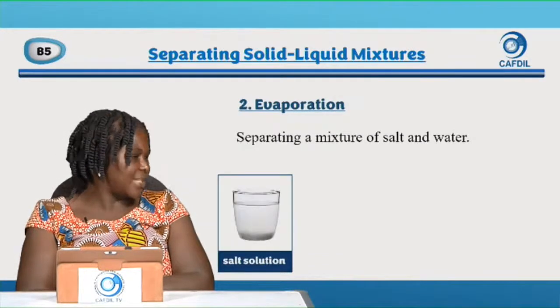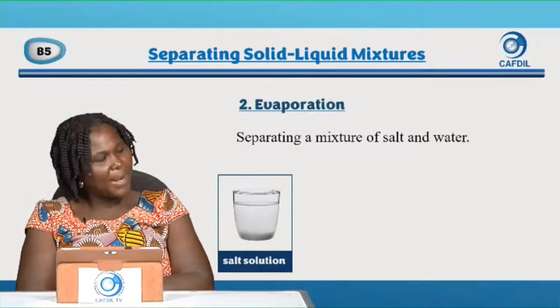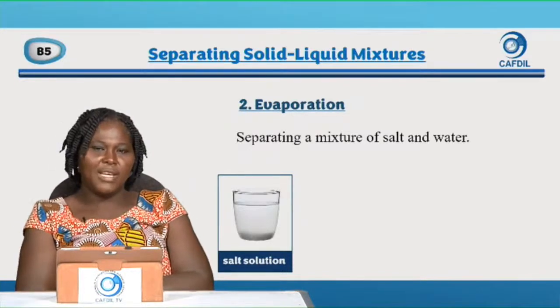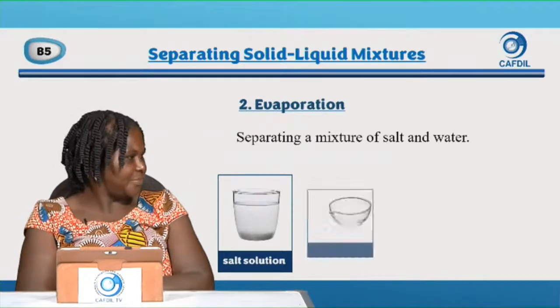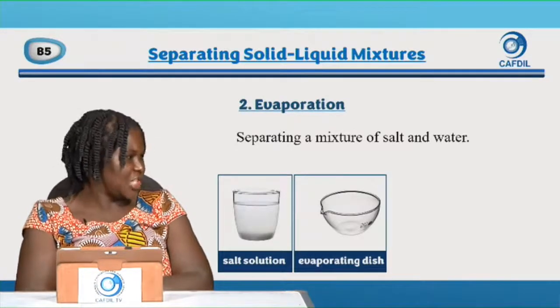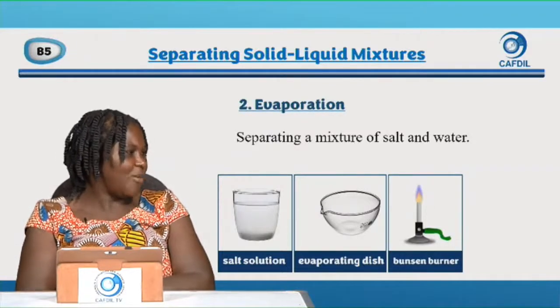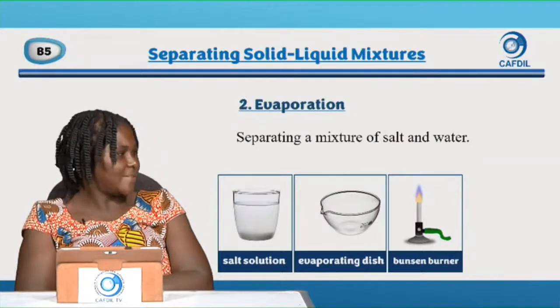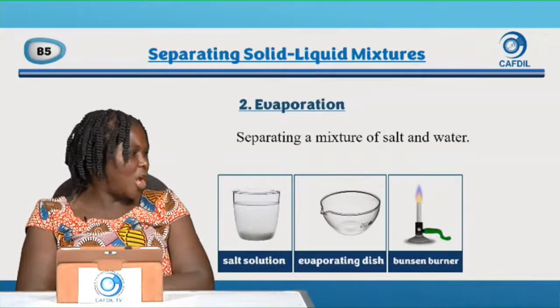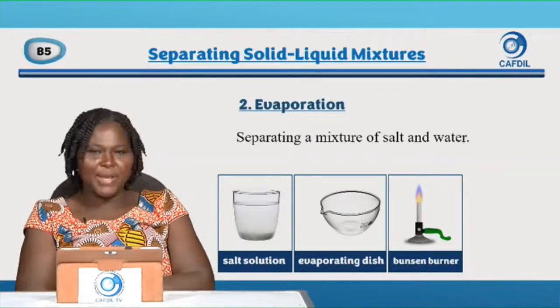So we have our salt solution. Water plus salt is called salt solution. We have our evaporating dish. To separate the mixture we need our salt solution, evaporating dish, and then the Bunsen burner.